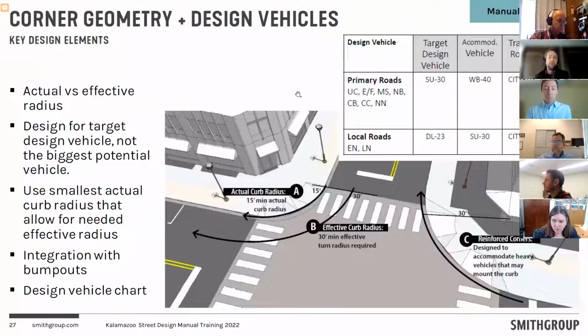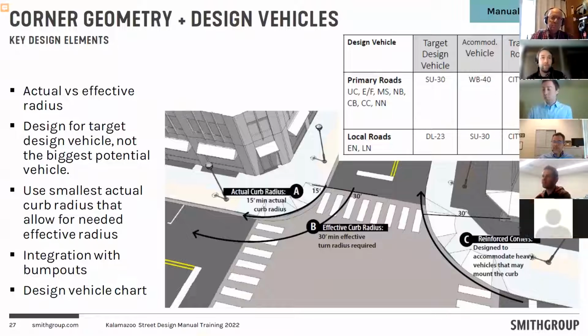Another critical one, that is at the intersection, no pun intended, between the pedestrian space and the vehicle space, is thinking about corner geometry and in particular the design vehicle that's being used on a particular roadway. As many of you may know, or if you don't, there's a difference between the actual physical curb radius that's drawn on a roadway versus the effective curb radius, which is where the inside path of the vehicle is actually tracking.